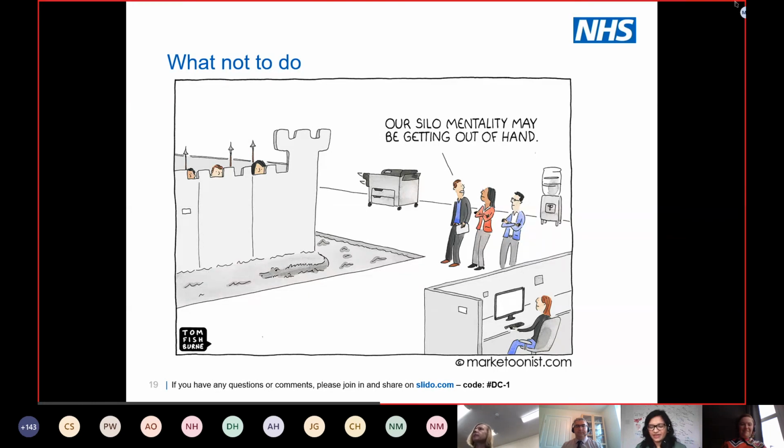I also worked on the complex model, as opposed to the original one that was designed for acute trusts, so it was a lot more complex, for community mental health trusts.